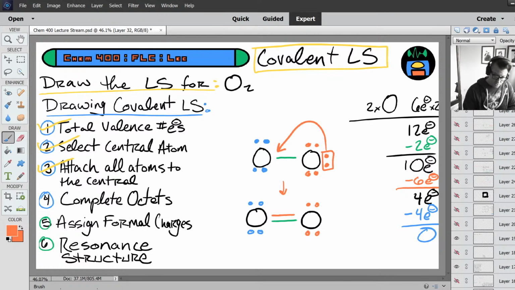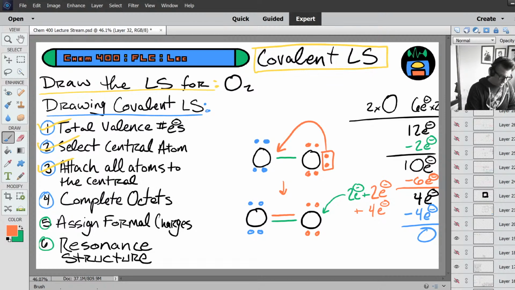Now, when you look at the number of electrons that this oxygen has on the right, it has 2 electrons plus the 2 electrons that it's sharing in the second bond, plus 4 electrons in the lone pair.